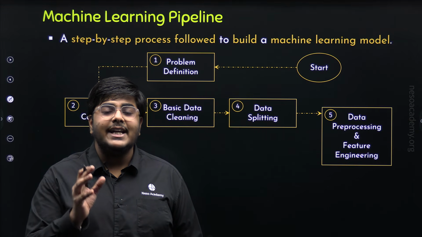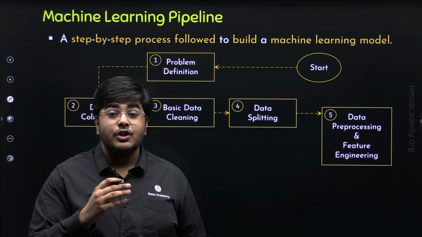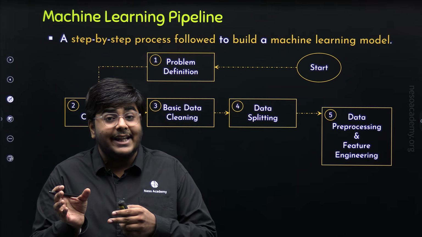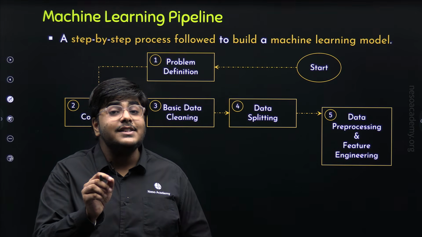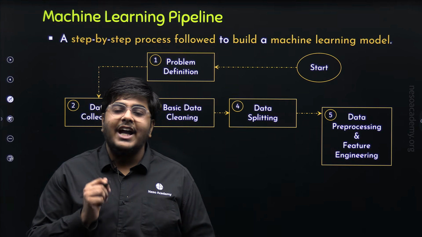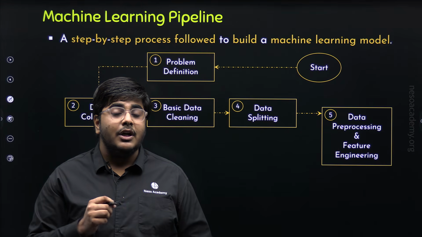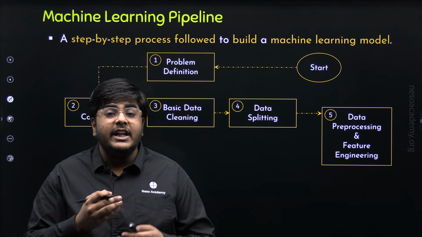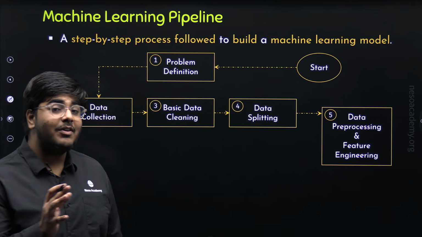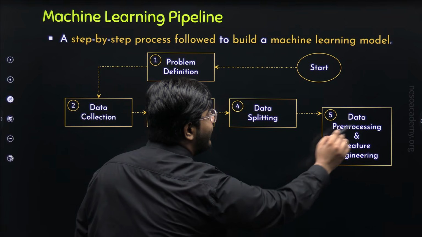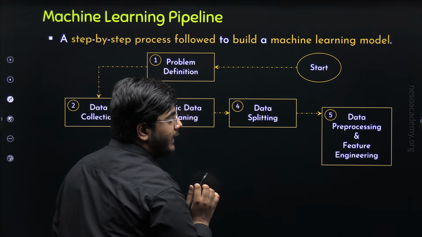Obviously, age can be easily derived from date of birth. So we have created a new feature, that is age, from the existing feature, that is date of birth. So this is feature engineering. And why is feature engineering important? Because it makes the data more meaningful for the machine learning algorithm. So now I hope you have a basic understanding about data pre-processing and feature engineering.